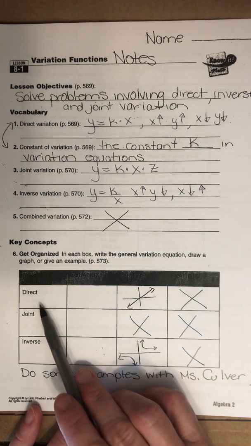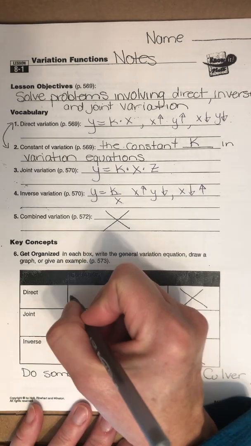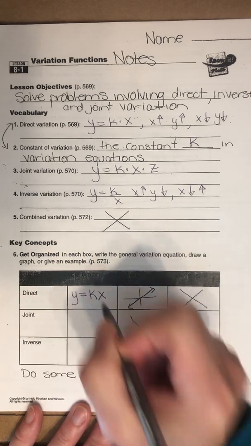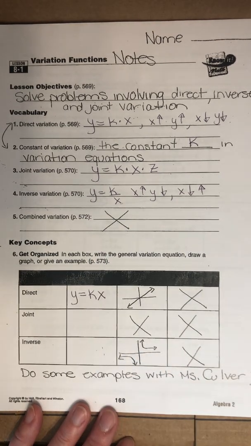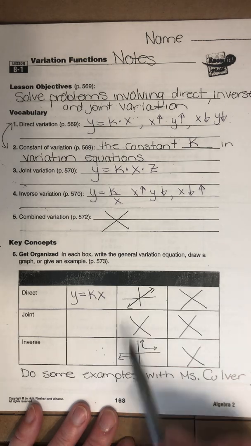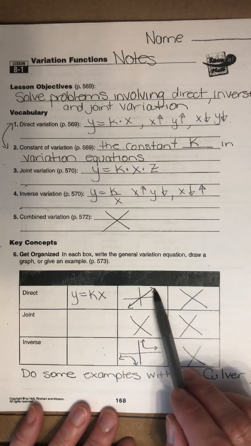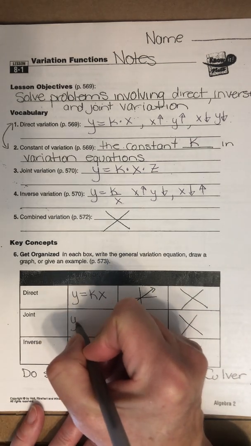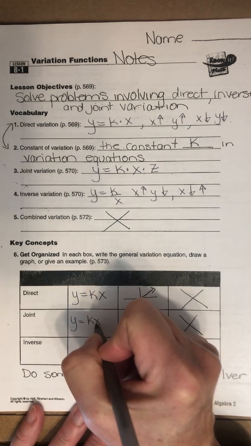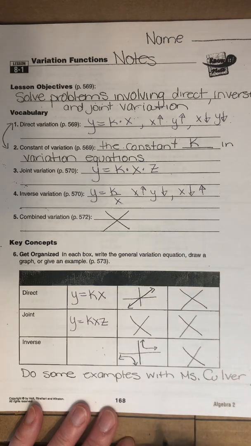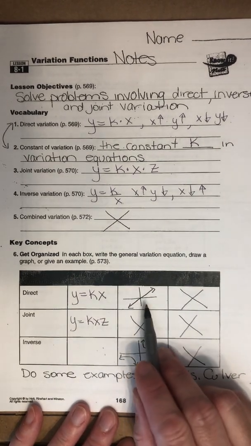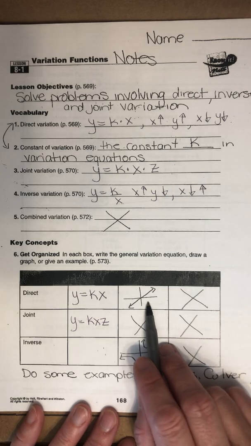Let's go down to our bottom box here. Direct variation, that would be an equation, again, that we already wrote in this format, where the x and the y are directly across from each other, and they would make a line like you see here. Joint variation would be y equals k, x times z, as we already wrote, and we don't have a graph here because we would need a 3-dimensional graph instead of 2-dimensional.